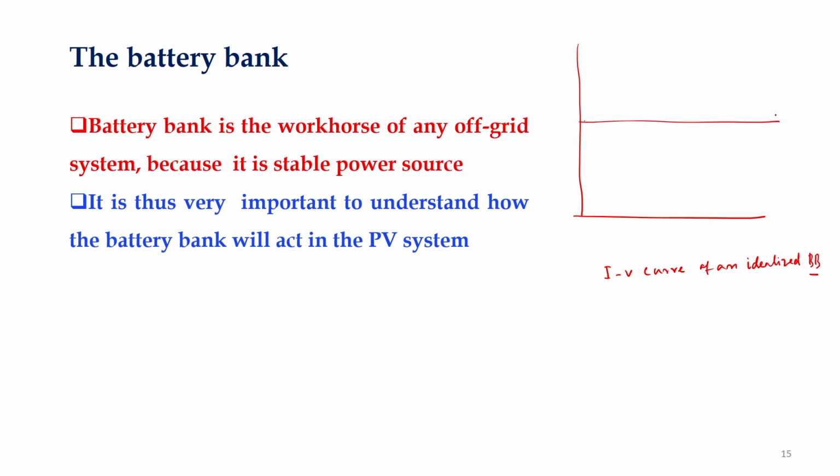So, I will draw here. If we say VOC is here, and we will have VBB charging and VOC battery bank, and we will have VBB discharge. So, we can plot it something like this.